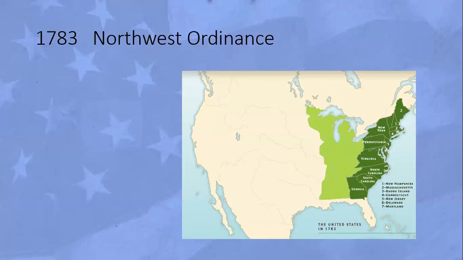So once the territory reaches that number of citizens living in that place, then they can apply for statehood to the national government, and they will be accepted into the union on an equal footing as the original 13 states.